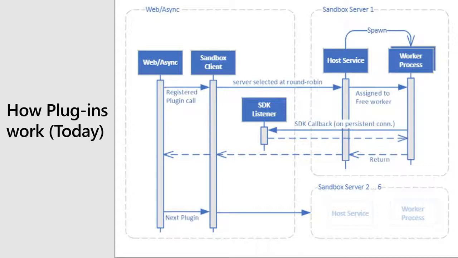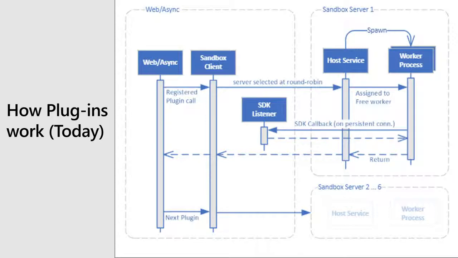So when the registered plugin step occurs, it'll communicate to the sandbox client, and the sandbox client is responsible for talking to a number of sandbox servers that are available on the scale group where your common data service is running.